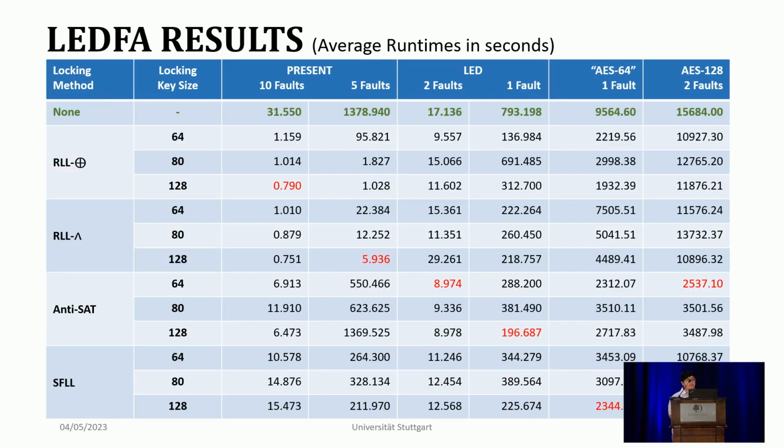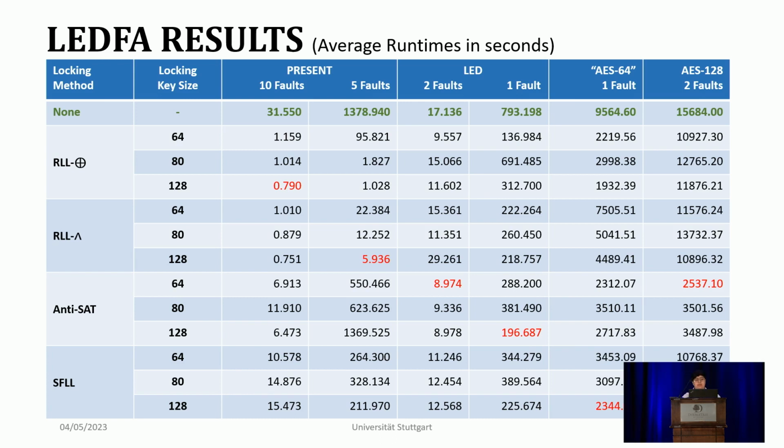Here are the average solve times for our LEDFA results. The first row in green shows the results for differential fault analysis for comparison, when no logic locking is applied. We can see that the complexity of LEDFA is significantly lower compared to differential fault analysis.